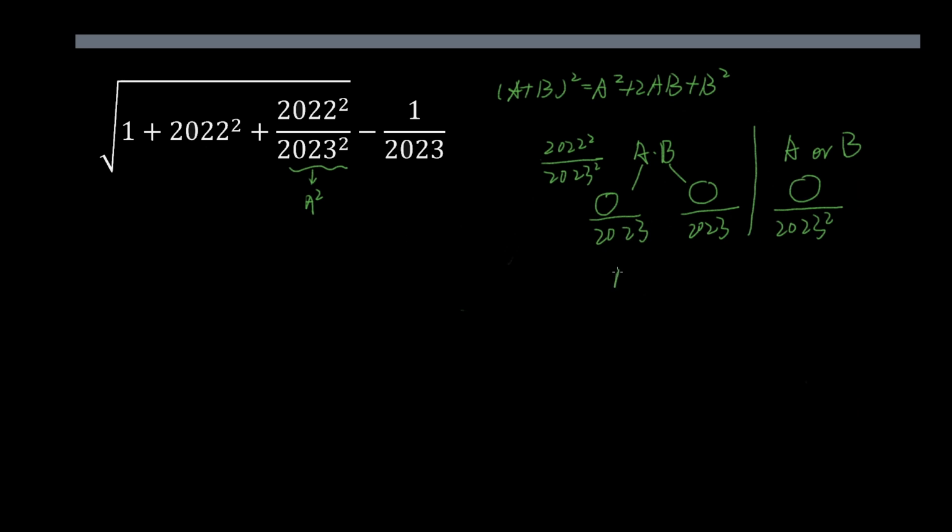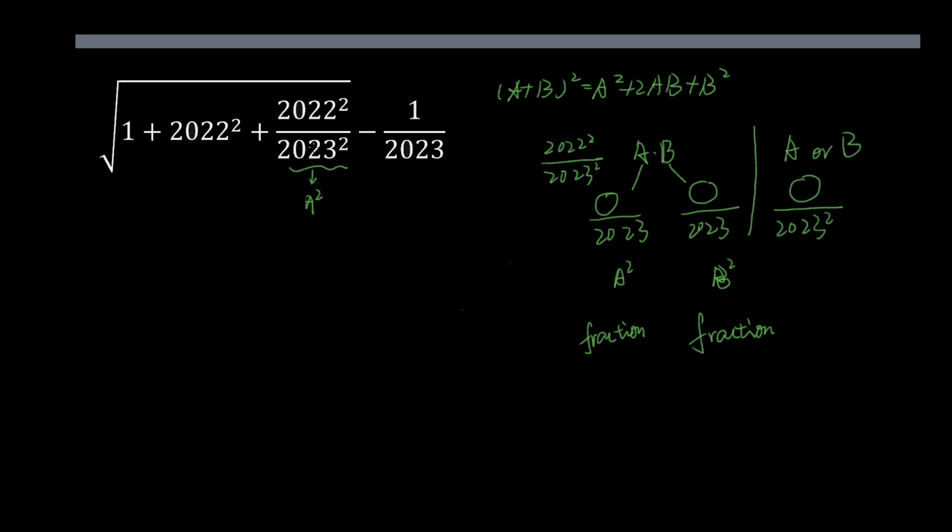This squared is a fraction. And this squared is also a fraction. So there are 1, 2, 3 fractions inside the square root.